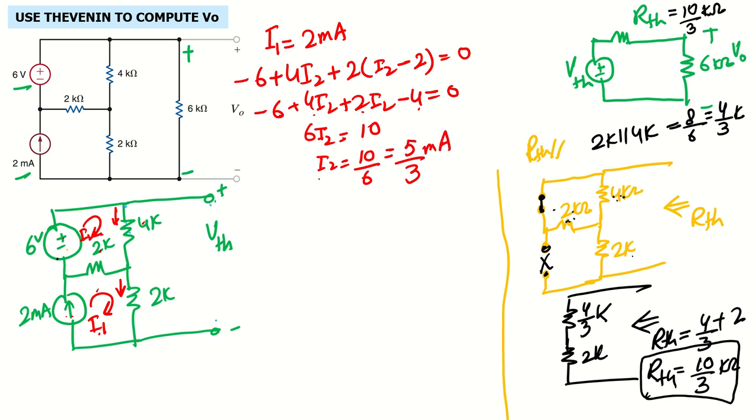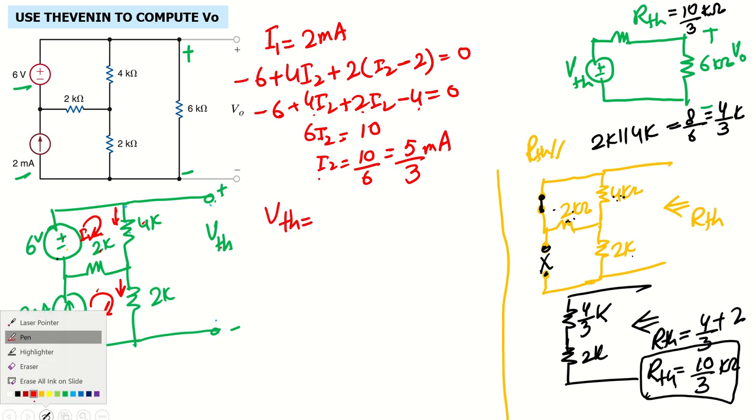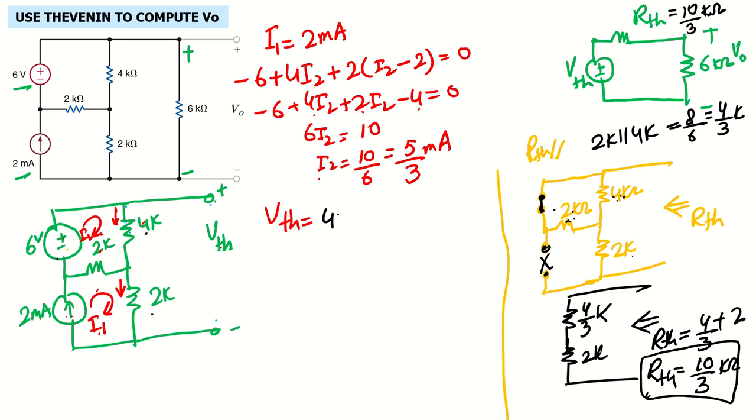Once we know I2 and I1, we know that V Thevenin is the voltage drop across 4K and 2K. So V Thevenin is the voltage drop across 4K, which is 4K times the current flowing through it, I2, which is 5 over 3 milli, plus the voltage drop across 2K, which is 2K times the current going through it, 2 milli.